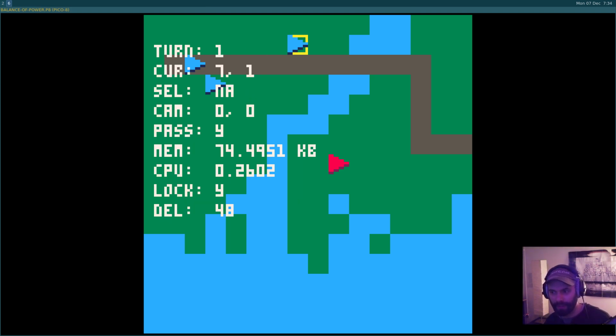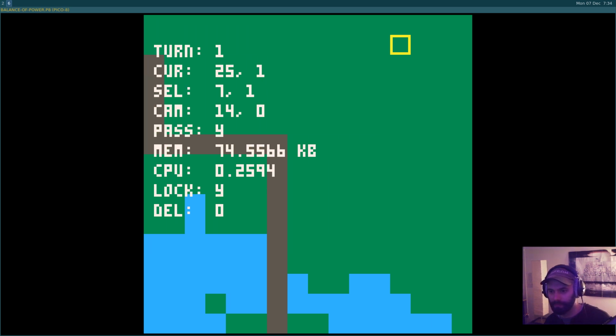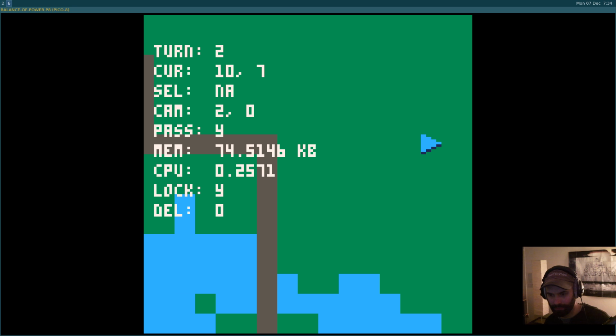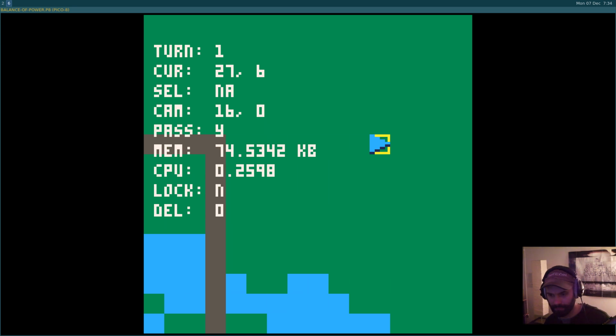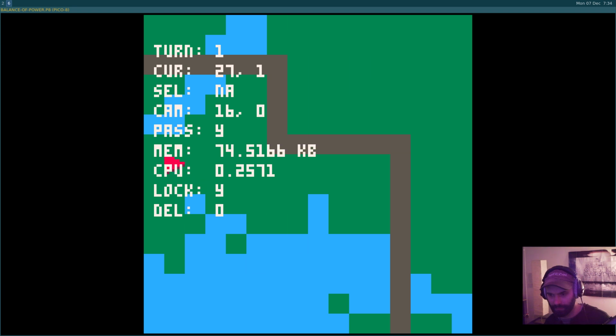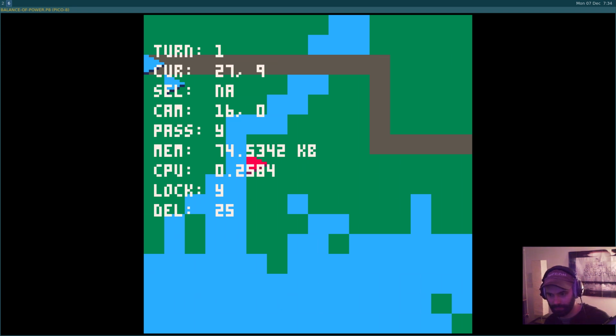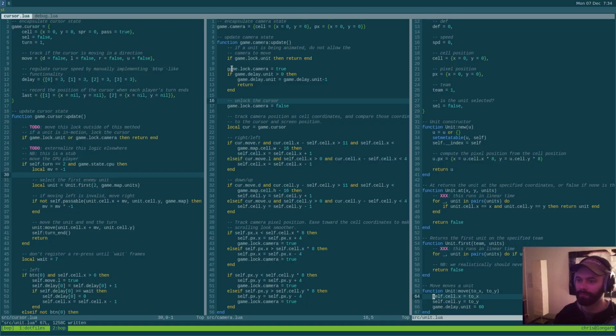Time move, pause. So the camera needs to get there, and then land, and then we gotta wait.